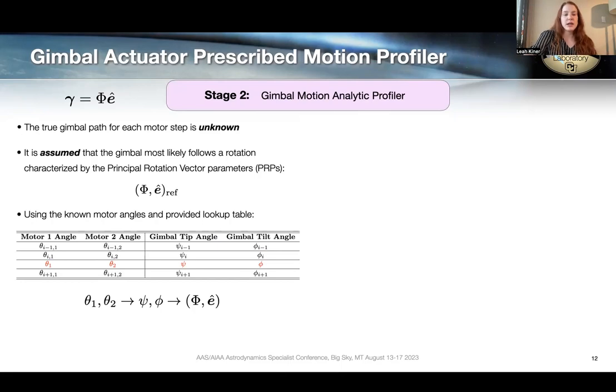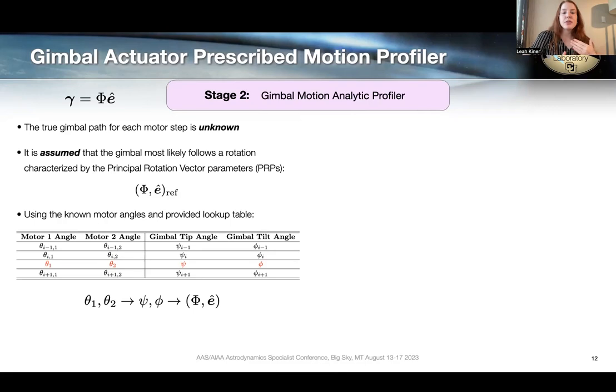And it's also important to note that when our motor angles don't exactly match a row in this table, we need to interpolate, and we don't want to interpolate the angles separately. So instead of directly interpolating this psi and phi, we would choose the neighboring rows bounding this red row, and we would then convert both of our tip and tilt angles to principal rotation vectors.